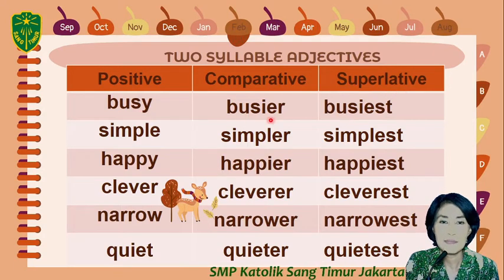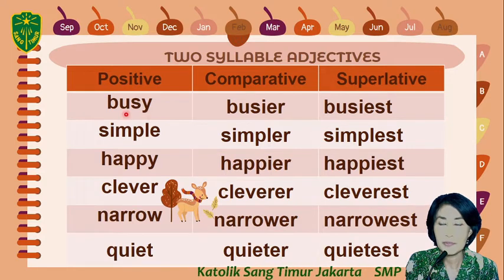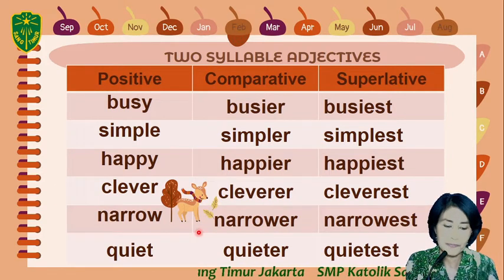Busy, busier, busiest. Simple, simpler, simplest. Happy, happier, happiest. See, after the positive busy or happy, you have happier, happiest. So you have to omit the Y and change it into I, then add ER or EST. Clever, cleverer, cleverest, and so on.